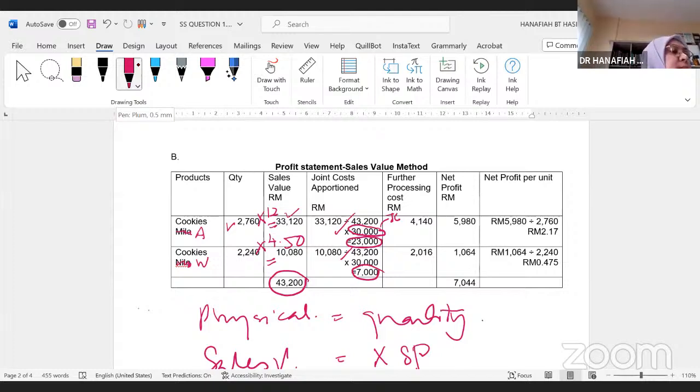Further process 2,240 times 90 cents is 2,016. Minus 7,000 minus 2,016 is 4,984.